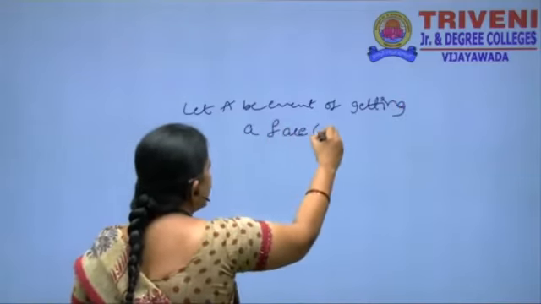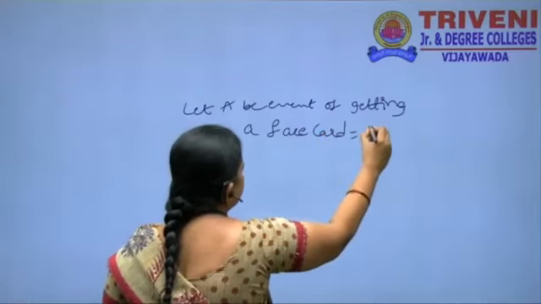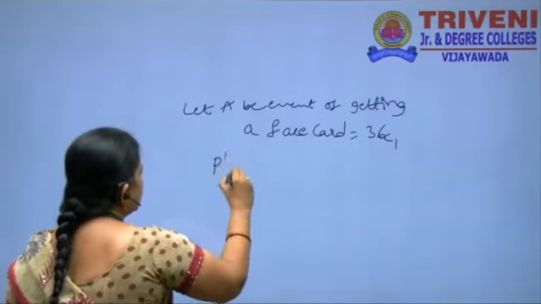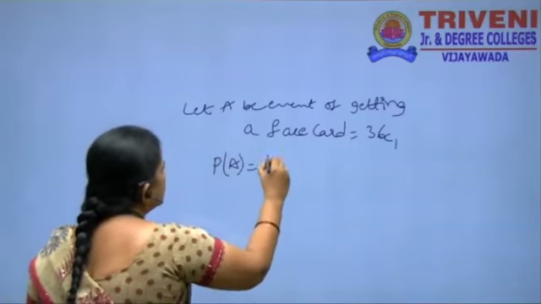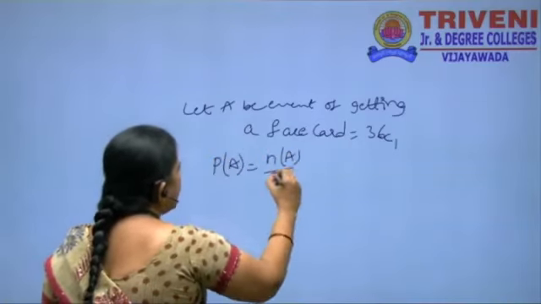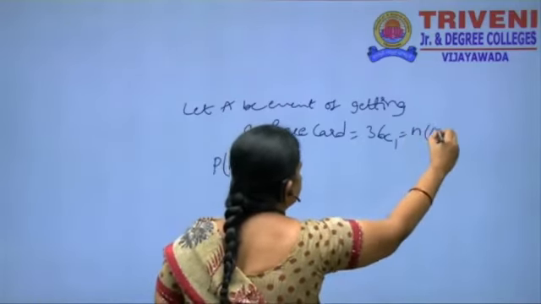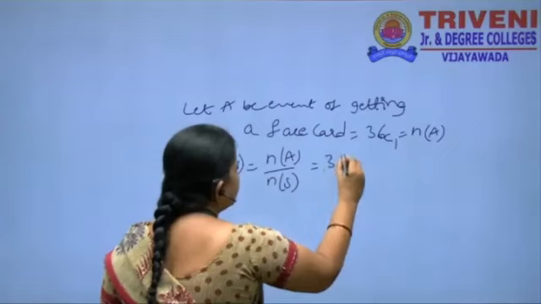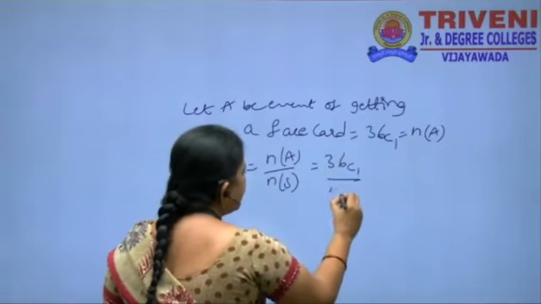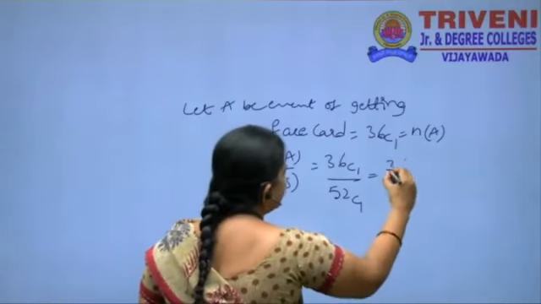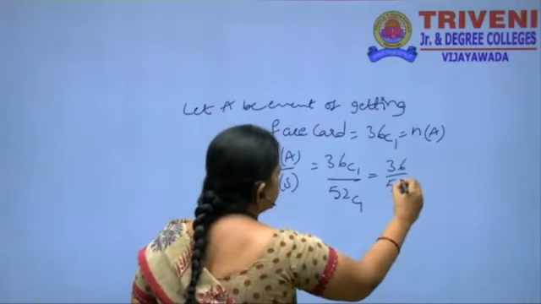How many face cards are there here? 36. That is 36 C1. P of A is equal to N of A by N of S. This is N of A. That is equal to 36 C1 by N of S, which is 52 C1. That is equal to 36 by 52.